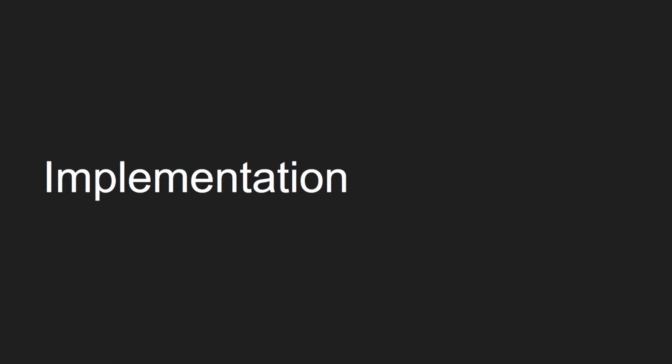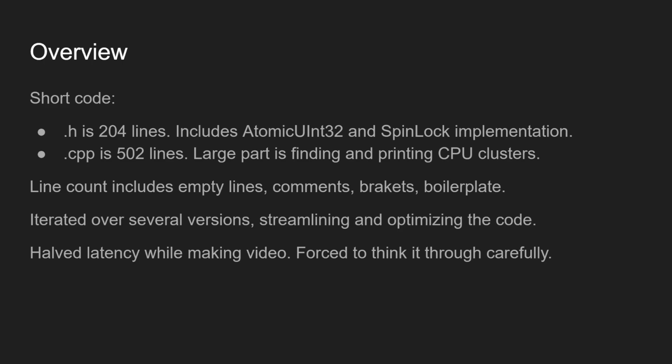Okay, so now that I've talked about the API for the Parallel 4, how did I actually go about implementing it? As it turns out, the implementation actually doesn't require all that much code.